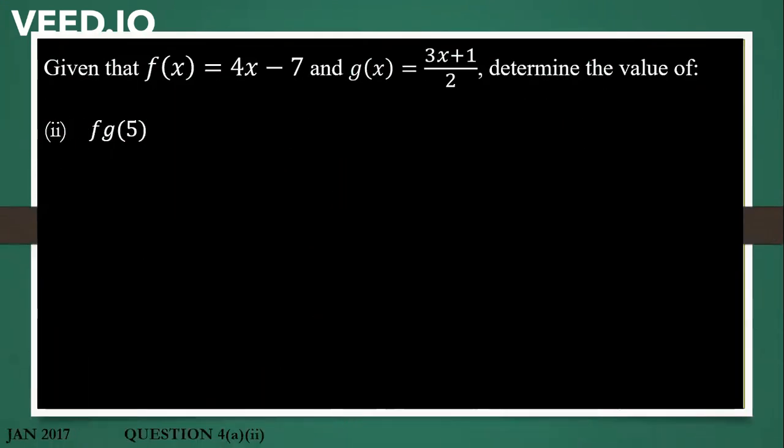So this question requires us to determine the value of fg of 5. You may pause this video at this time and attempt the question. We will check your solution at the end of this question.